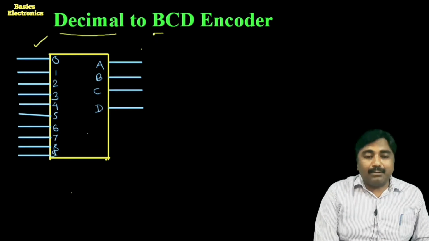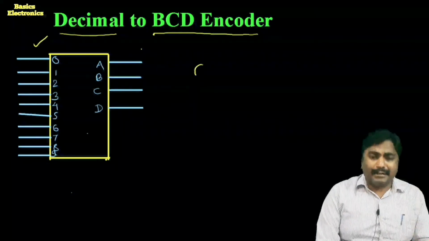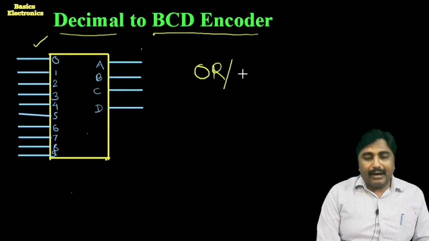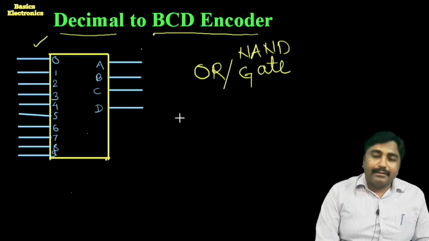Here the decimal to BCD encoder can be constructed by using either the OR gate or the NAND gate.